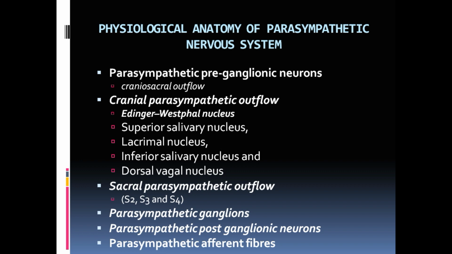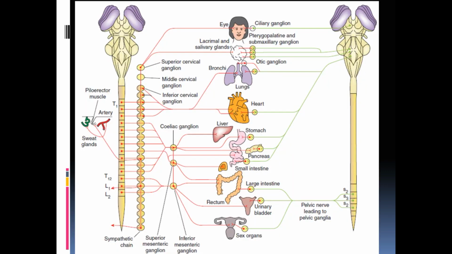The first is the Edinger-Westphal nucleus, which is the origin for the preganglionic neurons of the third cranial nerve. As you can see here, the Edinger-Westphal nucleus gives rise to the preganglionic neurons, which are carried in the oculomotor nerve or the third cranial nerve, and then form the synapse in the ciliary ganglion.